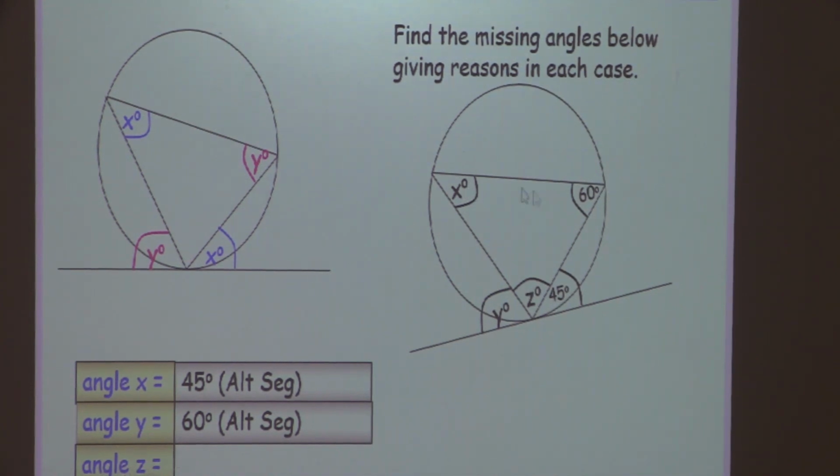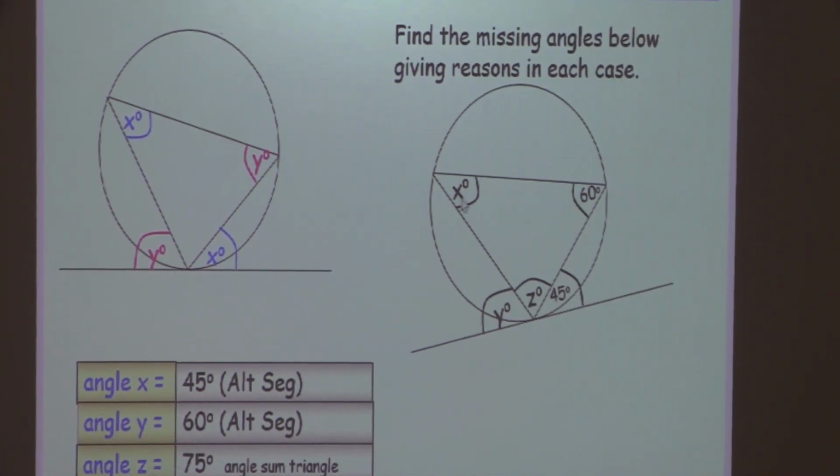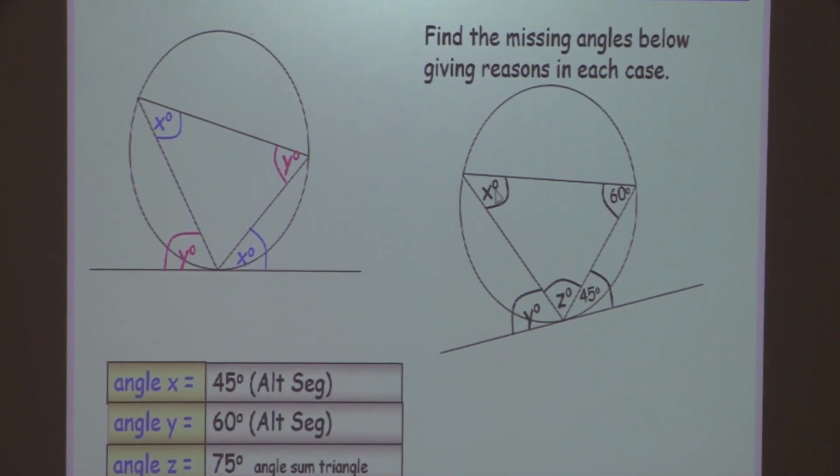It's either I use the sum of interior angles of a triangle, which is 180, or I use the straight line, which is also 180. To find the angle z, which will then be equal to 75 degrees, the sum of interior angles of a triangle: z plus 60 plus 45 will be equal to 180. And that way we'll be able to find our angle z.